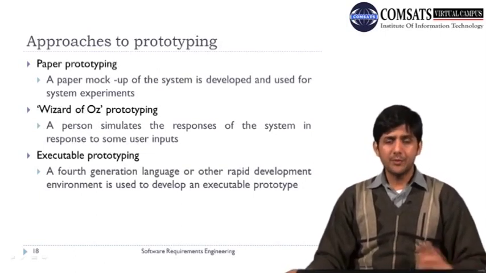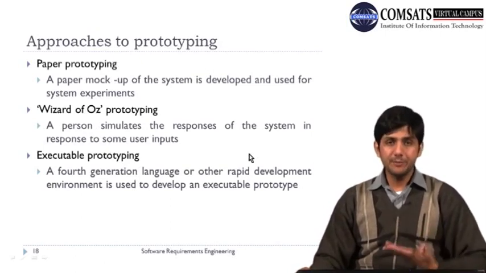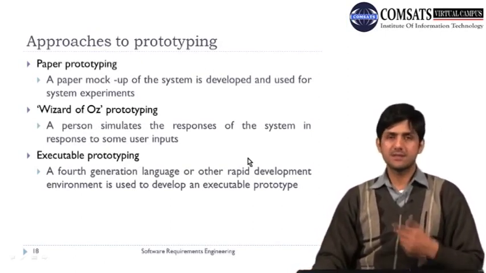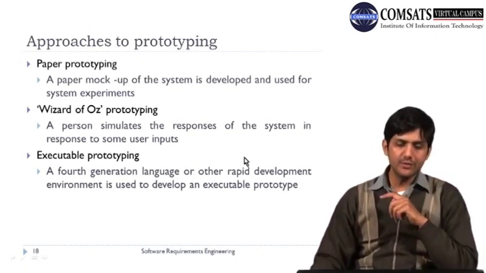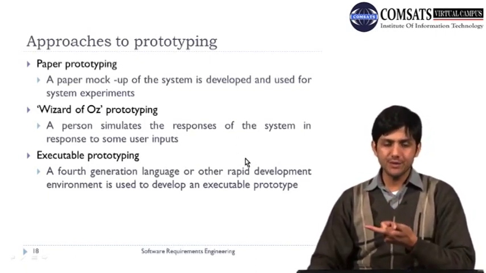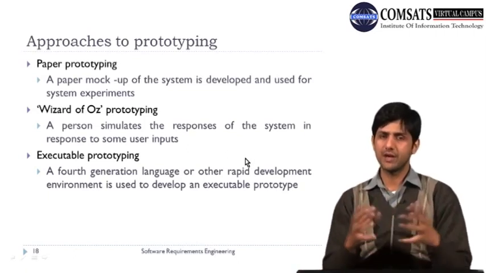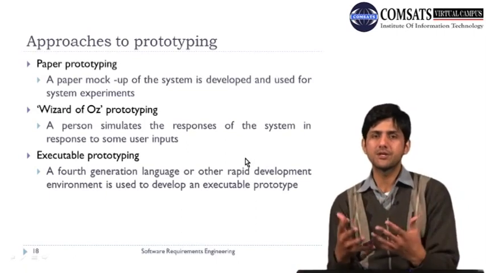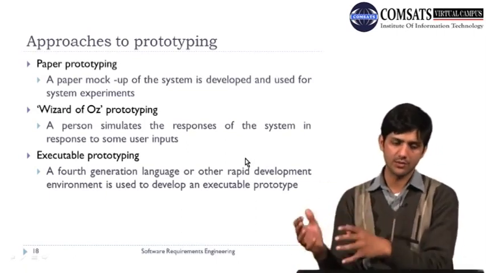So what are the different approaches used for prototyping? You can do paper prototyping: a paper mock-up of the system is developed and used for system experiments. Then you have Wizard of Oz prototyping: a person simulates the response of the system to user inputs. As I told you about those wireframing tools, some of them give us a simulation that if a user presses this button, this is going to happen.